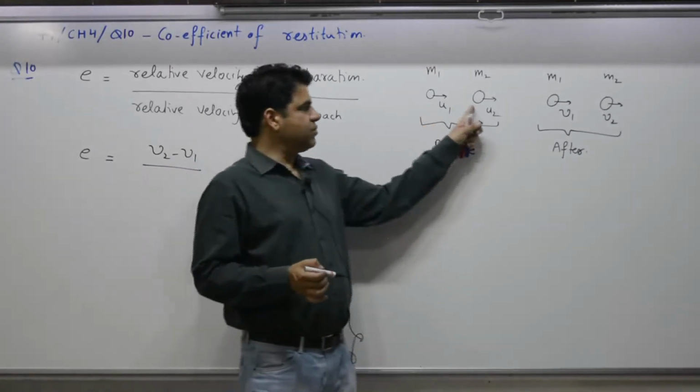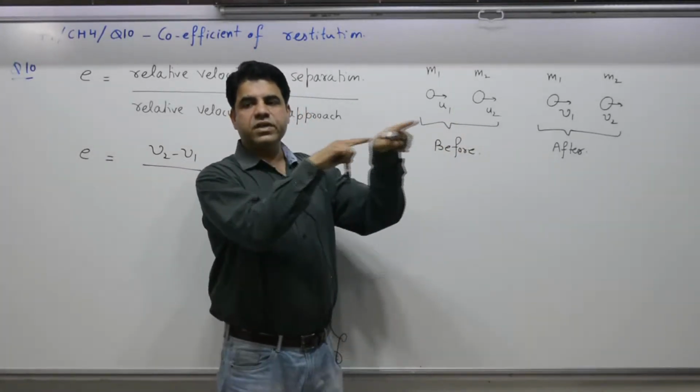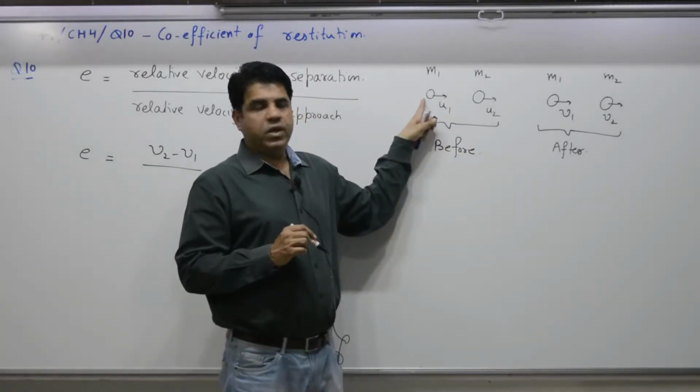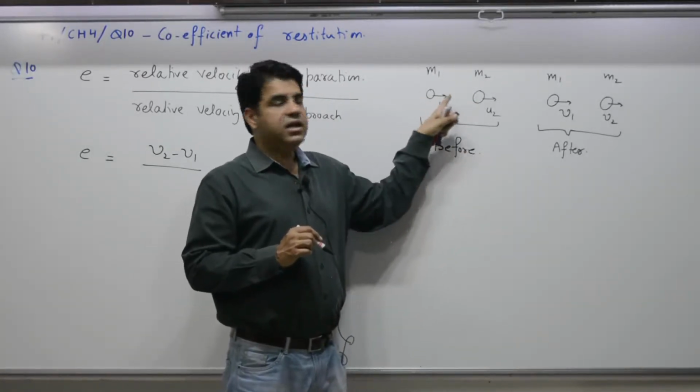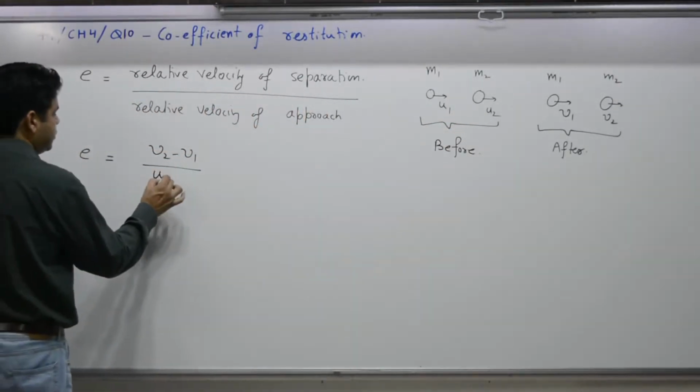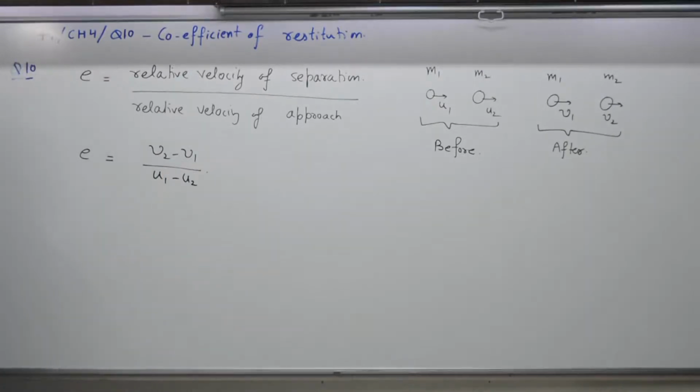This particle was approaching the other particle with the difference of the two, u1 minus u2. Suppose this is moving with 4, this is moving with 10. So velocity of approach is 10 minus 4, which is 6. So it is u1 minus u2.